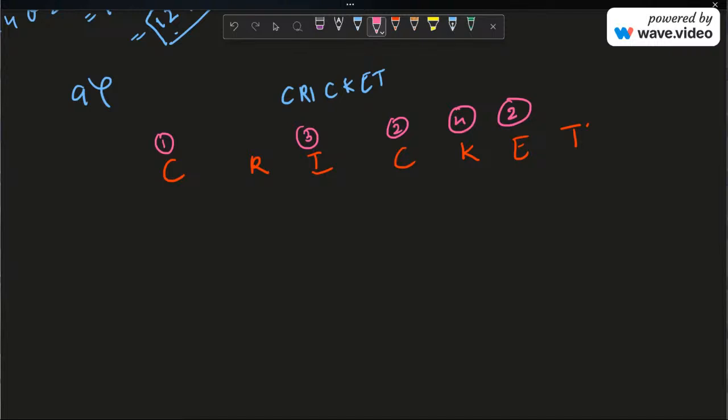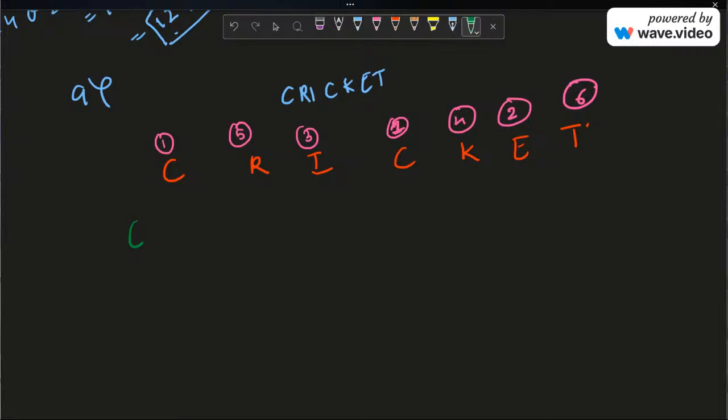Third, fourth, J K L M N O P Q R S. So R will be 5 and T will be 6. This is 1, sorry.